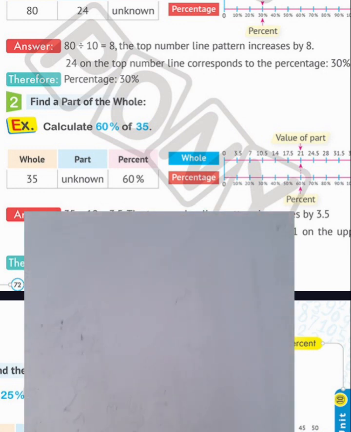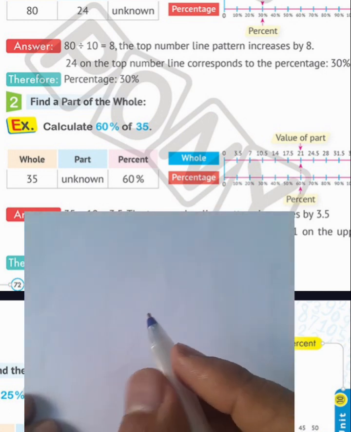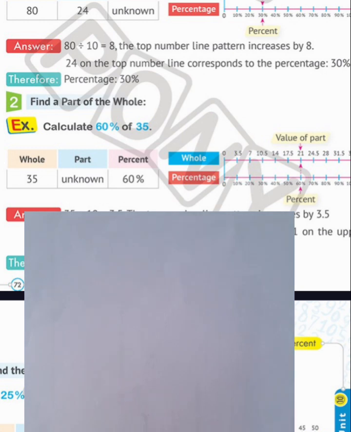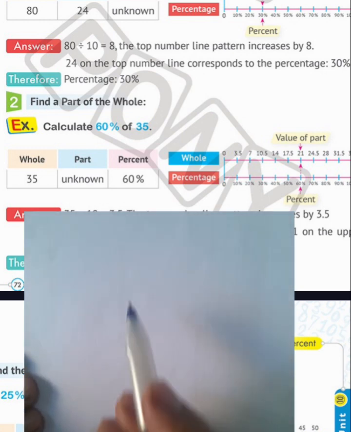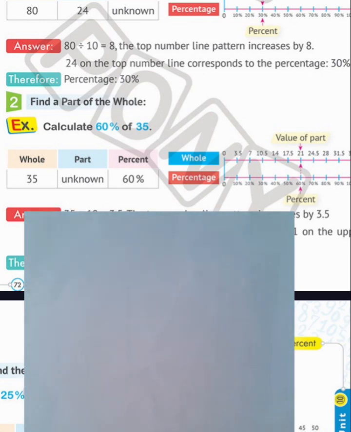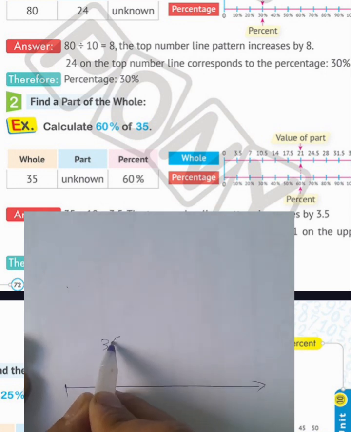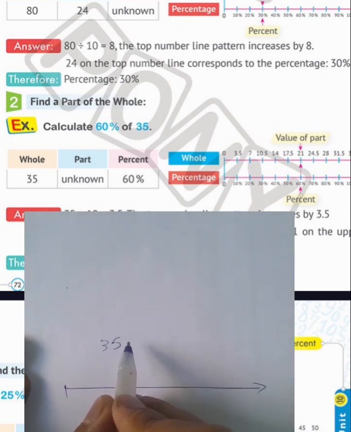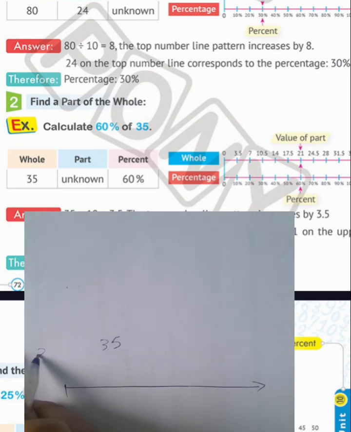I will explain in the next page here to understand. First step, we will draw two parallel number lines. He wants to find 60% of 35.